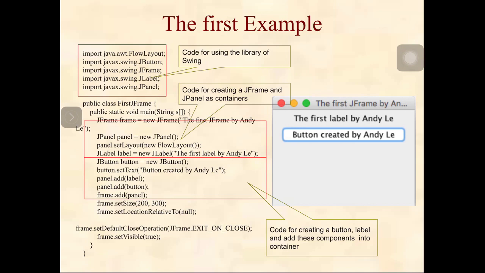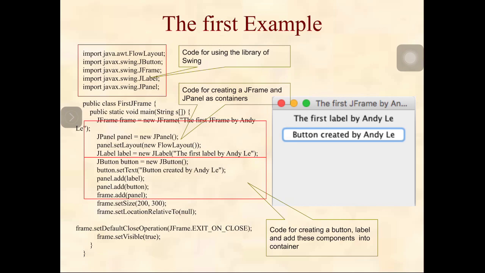Okay, in this example, I will explain how to create a very simple window with two components. These components are button and label. First, I must add some code for using the graphical library of Swing.